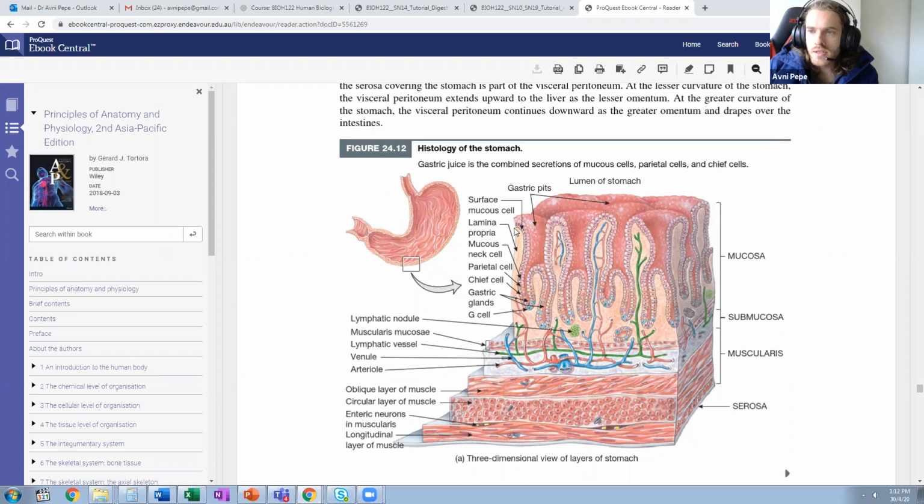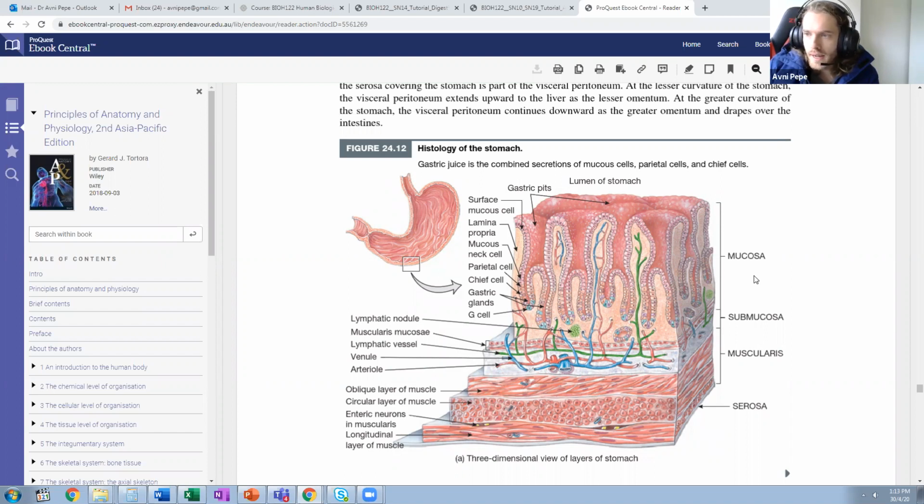So through these gastric pits, we can increase surface area, which will aid the absorption, but also the capacity to digest as well. There are a number of cells present, and we're going to look at those cells. We also have the different muscles. We've got an oblique layer, a circular layer, and a longitudinal layer of muscle.